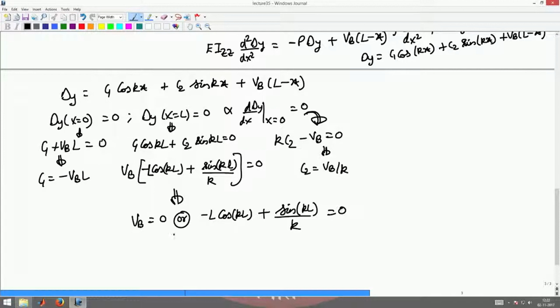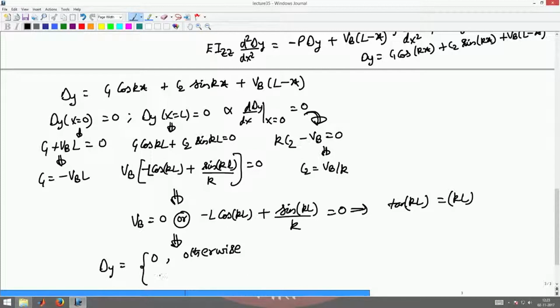If Vb is 0, C1 and C2 are also 0, so delta y is identically 0, which results in a trivial solution. Otherwise, from here I get tan kL must be equal to kL.